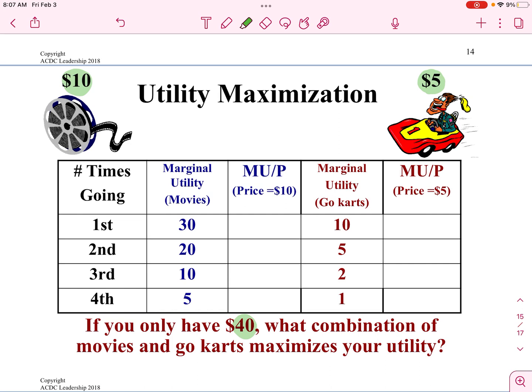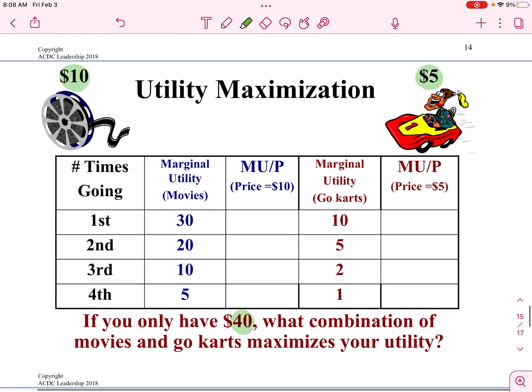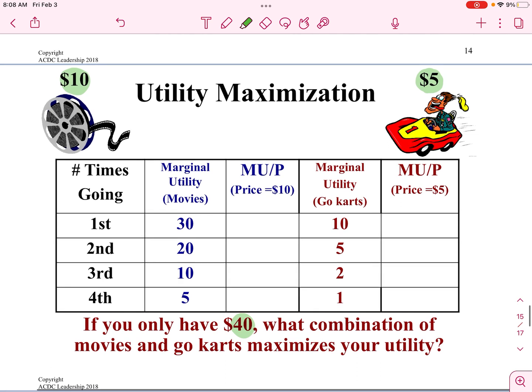But we want to spend it in a way that maximizes our utility or our benefit. So again, so that we can compare these two different goods, movies and go-karts, we want to calculate the marginal utility per price, or per dollar.